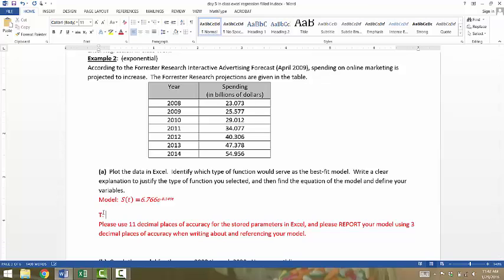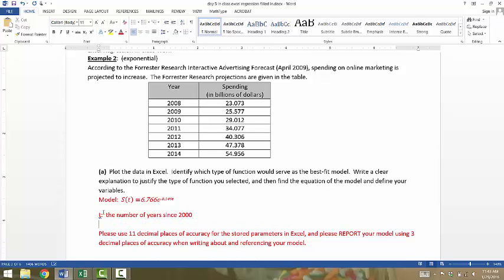So in this case, I'm using the letter T to represent the number of years since 2000. And I selected S of T to represent the spending in billions of dollars.